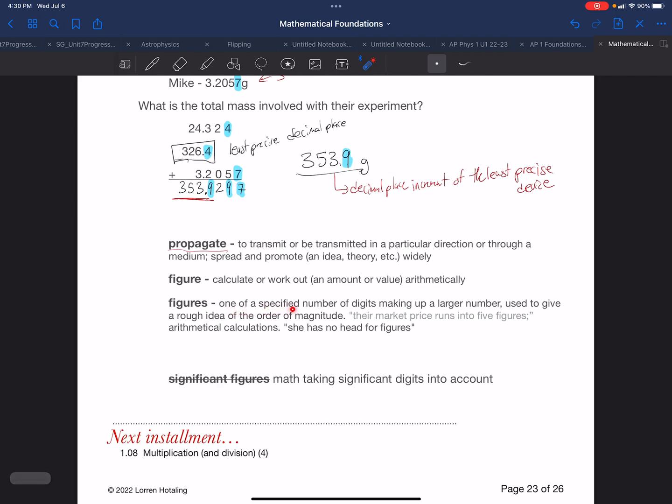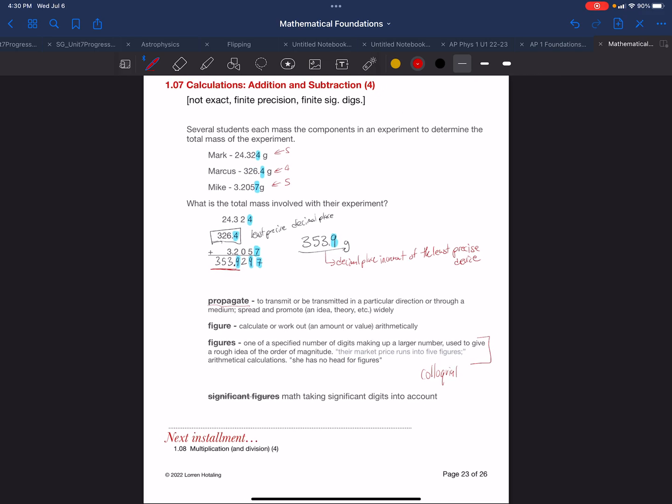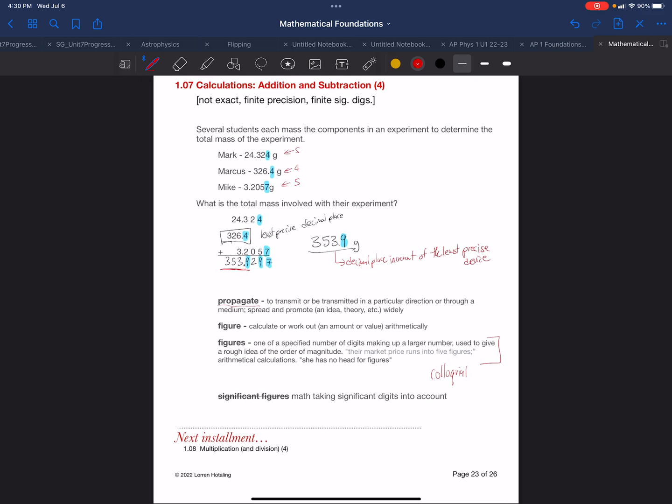Figures: one of a specified number of digits making up a larger number, used to give a rough idea of the order of magnitude. So for example, their market price runs into the 5 figures. In this sense, this word figure is used colloquially. It's a colloquial kind of term. And so we really shouldn't use it in our science classes, especially at the AP or the IB level, because it's not actually correct.